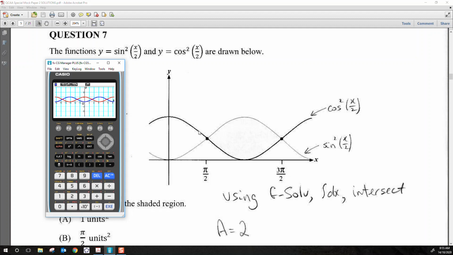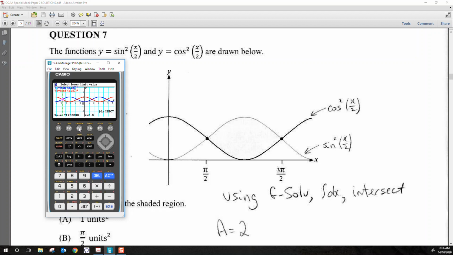Now I'll draw that. I can see I've got a graph here that looks pretty much like this one. Now my blue one was the sine squared one, so I've just noted here that this is the sine squared one, and the red one, so I've noted that. I want the area between them, so I can use gsolve, then integral. The definite integral gives the area under a function, and I even have the choice of going intersection here.